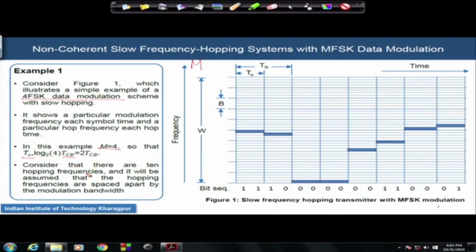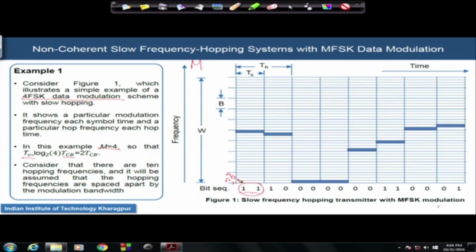It means that within a symbol we have 2 bits, and these 2 bits select the frequency tone. For example, for 1 1 the selected frequency tone will be f4, for 1 0 it will be f3, and f2 and f1 for the remaining two.